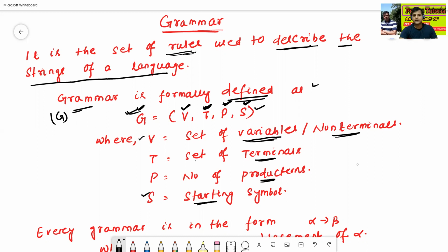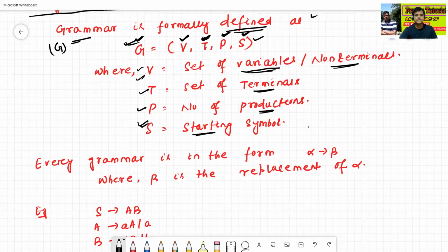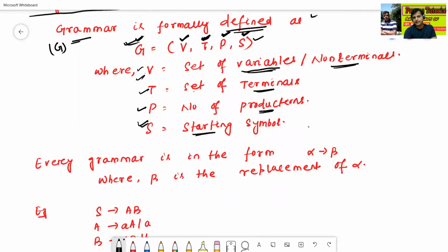Now we'll try to understand the meaning of V, T, P, S with the help of one example. Every grammar is in the form alpha to beta. This is very important.